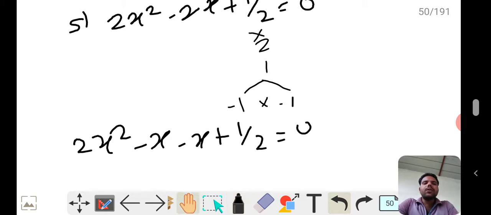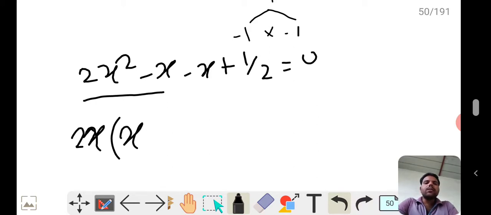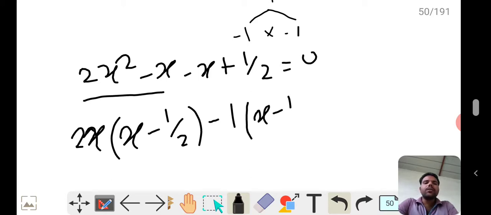Now we can easily solve this. By taking 2x common, we have x minus 1 by 2. If we take minus 1 common from the rest, we have x minus 1 by 2, is equal to 0.